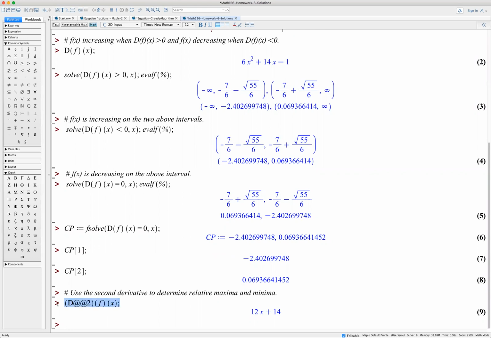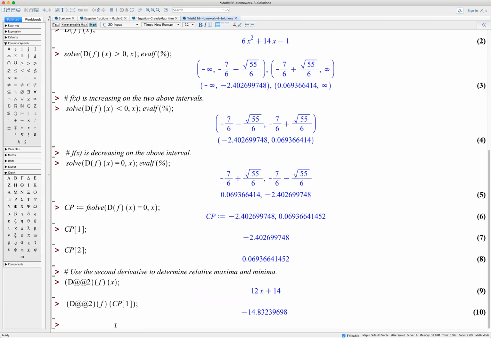So if we evaluate the second derivative at the first critical point, it's a negative number. So by the second derivative test, CP1, which is minus 2.4, is a relative maximum.